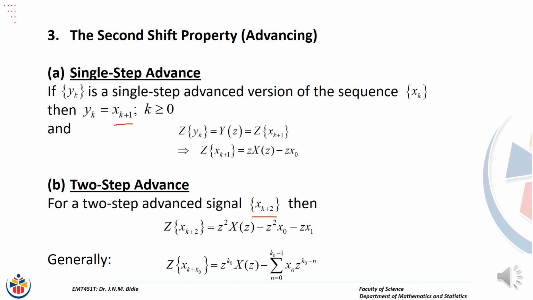The Z transform of xk plus 1 is zx of z minus zx0. Note that x0 is the initial condition. Also for xk plus 2, we'll have z squared x of z minus z squared x0 minus zx1. x0 and x1 both are initial conditions, which will always be given when we are solving equations using the Z transform.